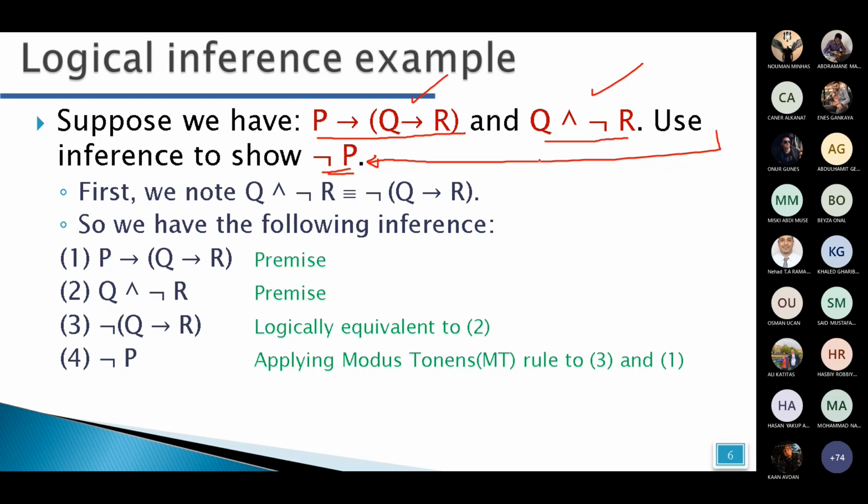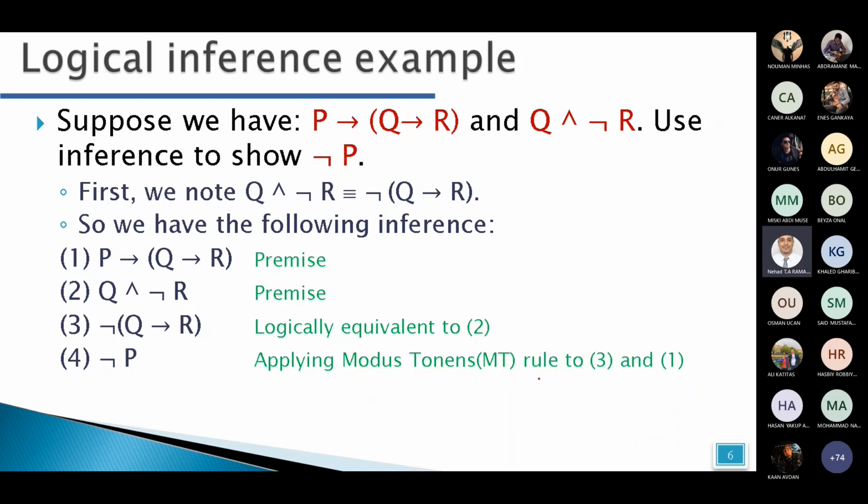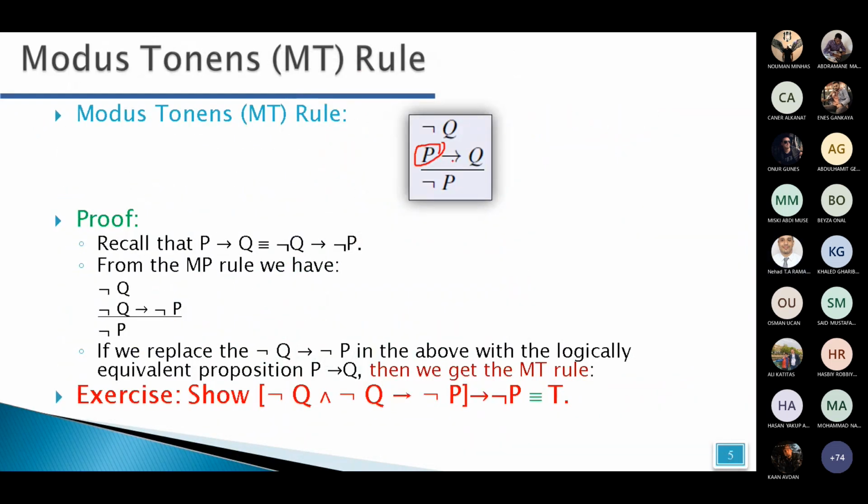Using the logical inference rule. First of all, let's understand the example. We need not P. Where is P? Here. So first, to get this not P, you can apply this rule.